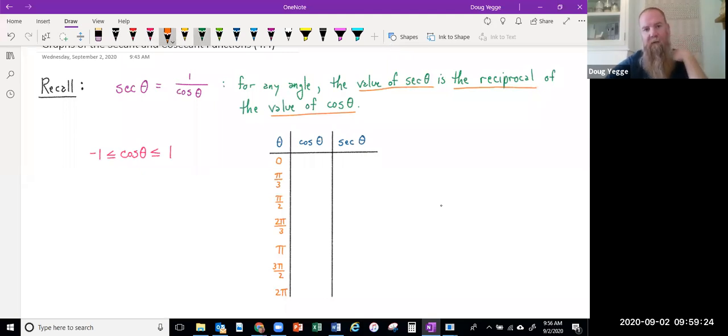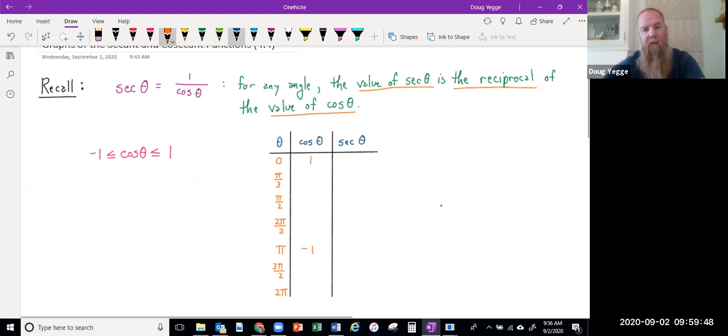I've picked a few different values here for theta. We're just going to evaluate each of the cosine theta values. So on the unit circle, cosine of theta is the x coordinate. At the angle of 0, the x coordinate is 1, and at the angle of pi, the x coordinate is -1.